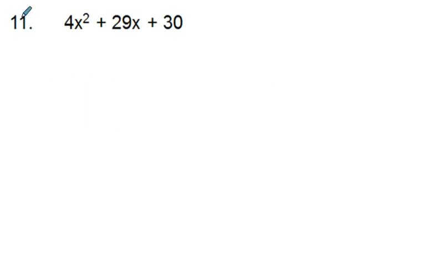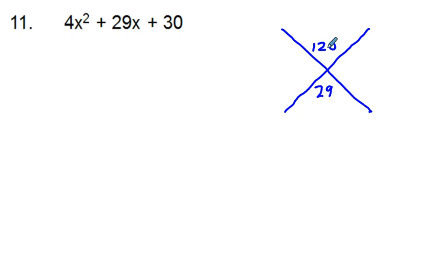Okay, number 11. Okay, so we have 4x squared plus 29x plus 30. So here we go. We have AC is 4 times 30, which is 120. And then down here we have 29. So what are the two numbers involved here?